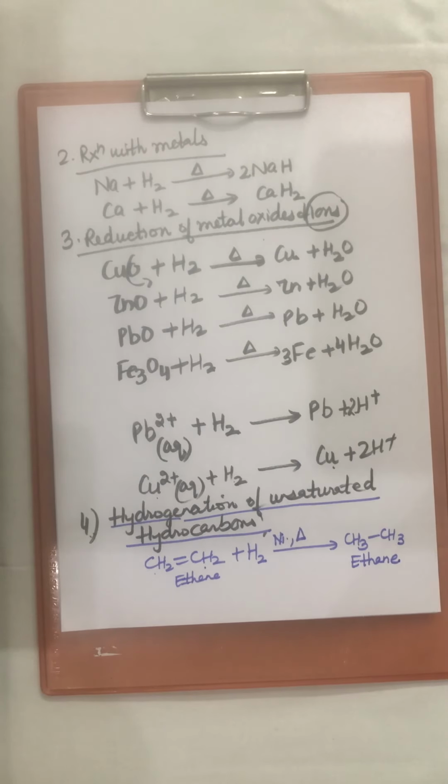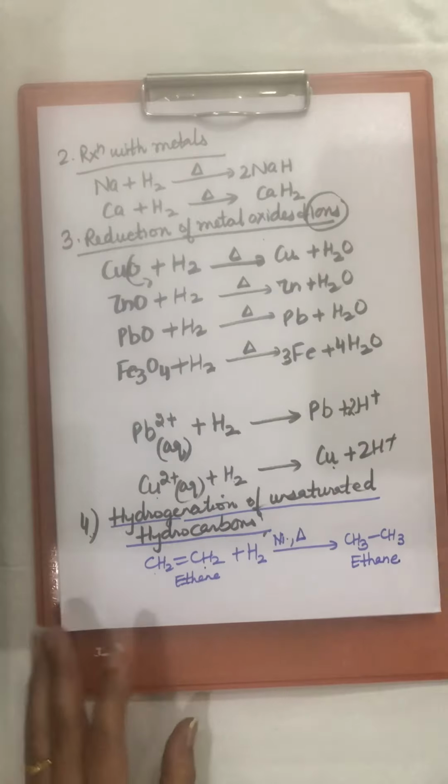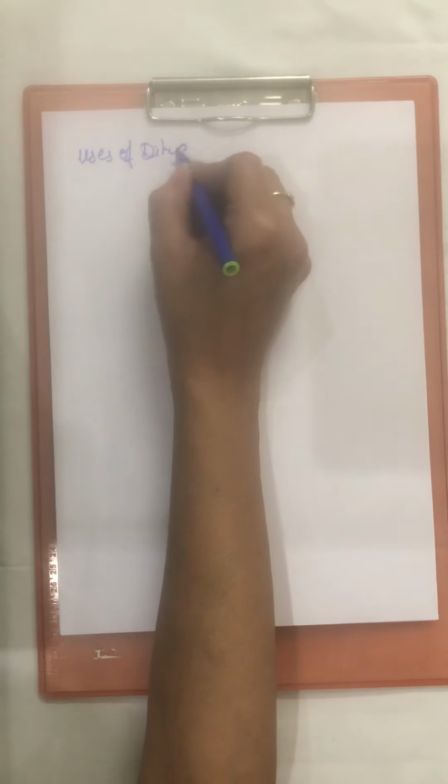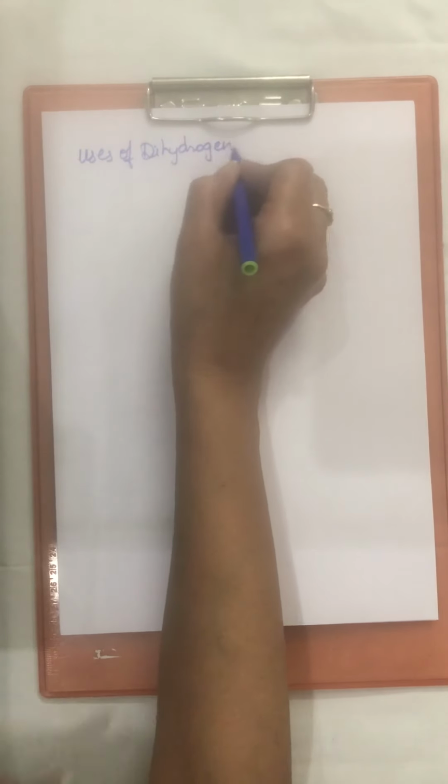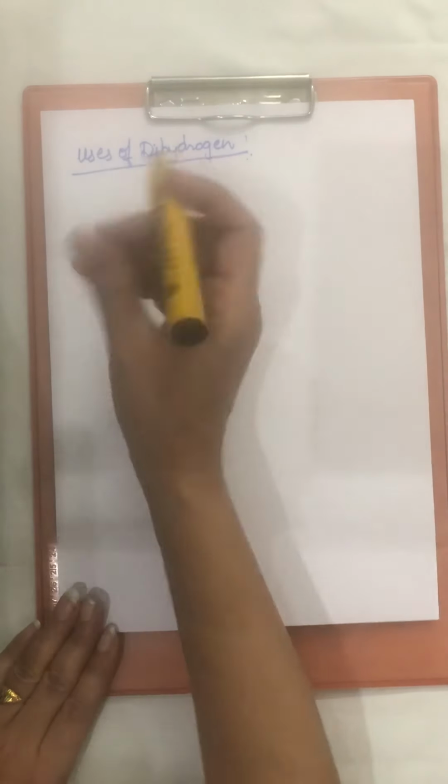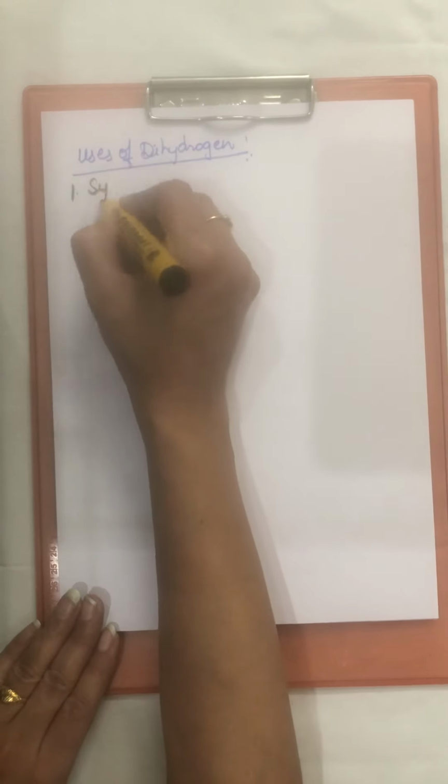After this we move on to the next topic of hydrogen, that is uses of hydrogen. Uses of dihydrogen. First use, in synthesis of ammonia.